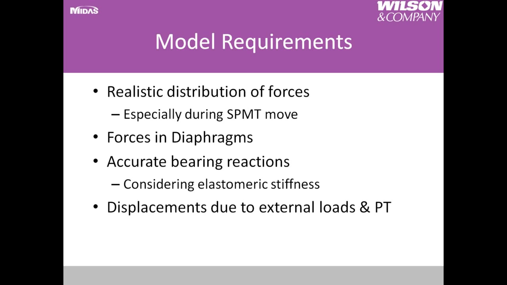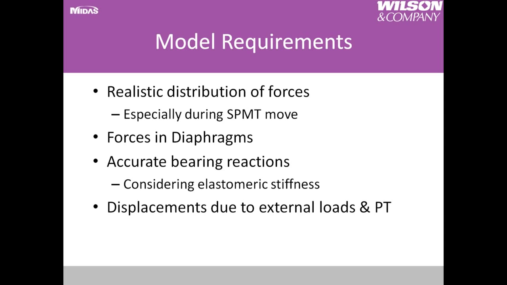So now I'll discuss the model requirements, what we were looking for from the models that were created. First thing is really the thing you're looking for anytime you're making a model. We're aiming for a realistic distribution of forces, especially during the SPMT move. Looking for a good idea of the forces in the diaphragms.